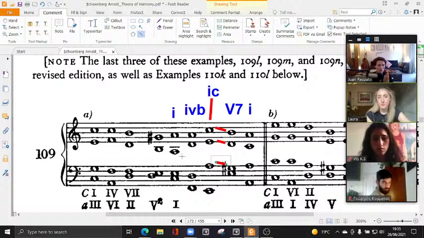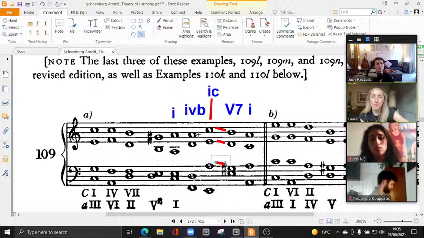An appoggiatura, do you know the term? It's like an ornament, and it's kind of like a passing note. It's not a passing note. The rule of appoggiatura is to be on the strong metric position.